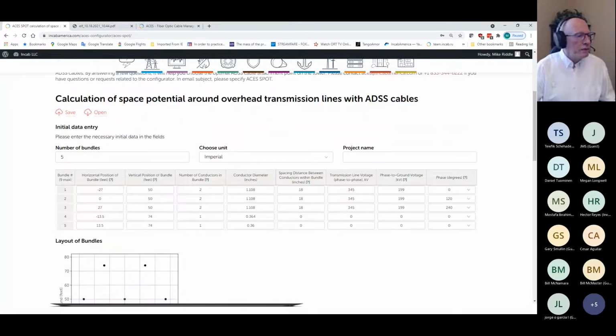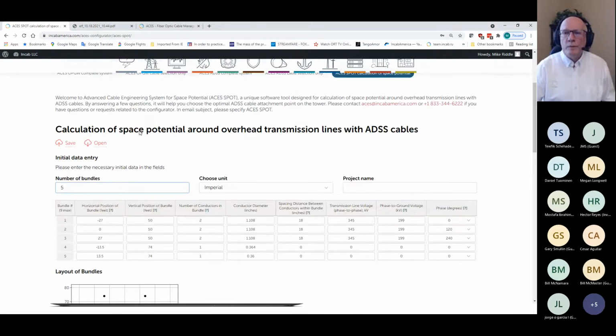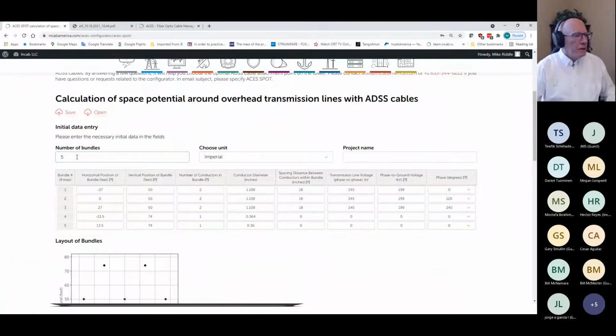If you started from scratch, from our diagram, we had 5 conductor bundles. We'll stick with customary units, and we'll call this Mike's webinar example, or whatever project name you want.